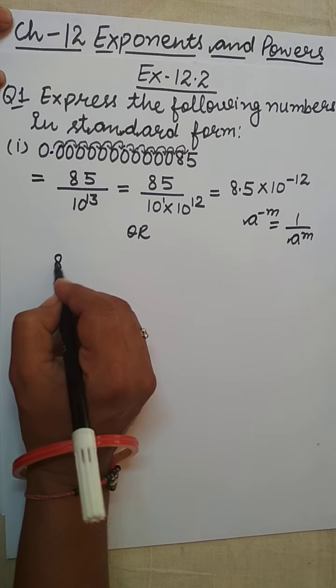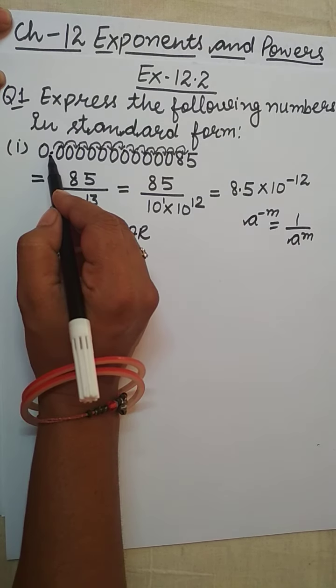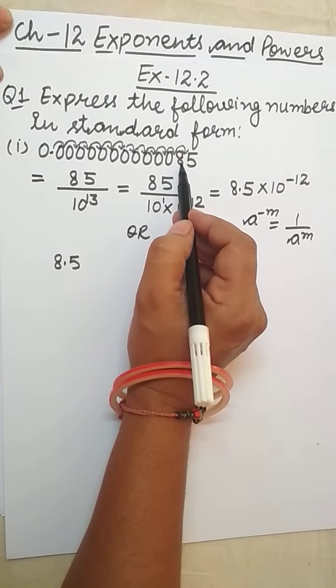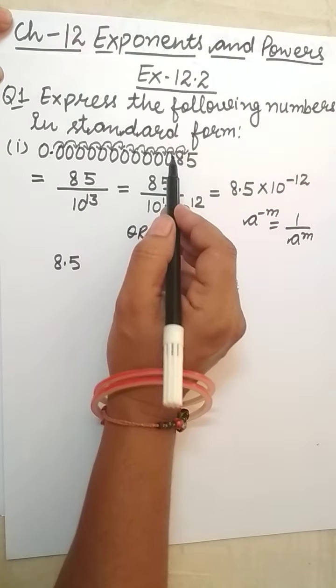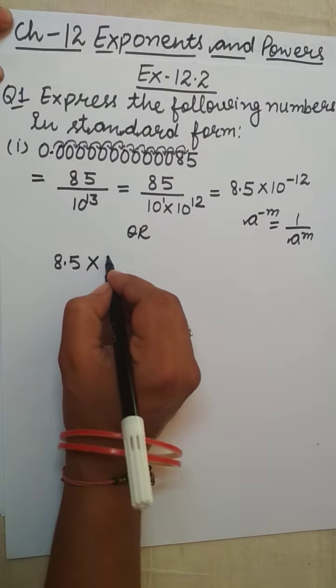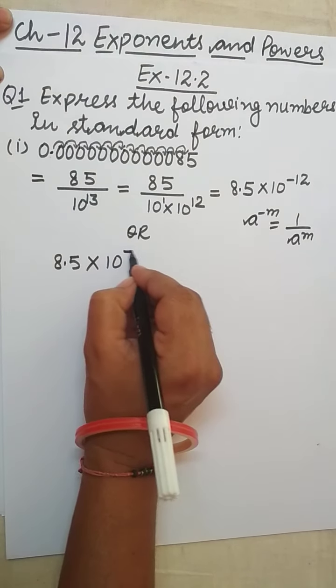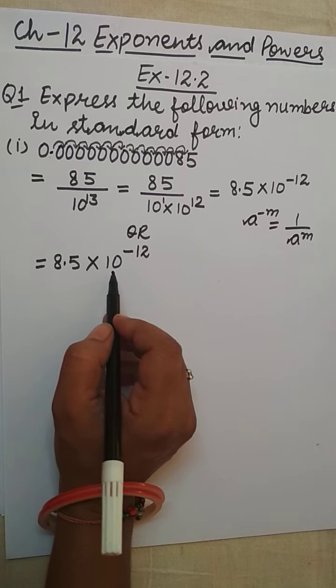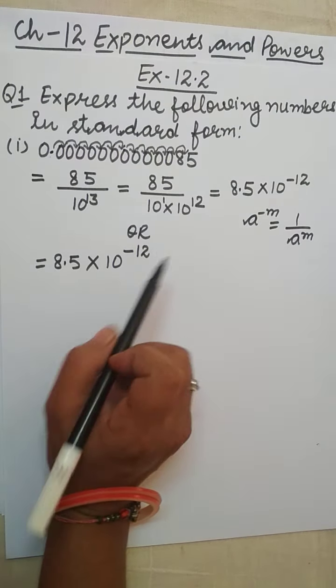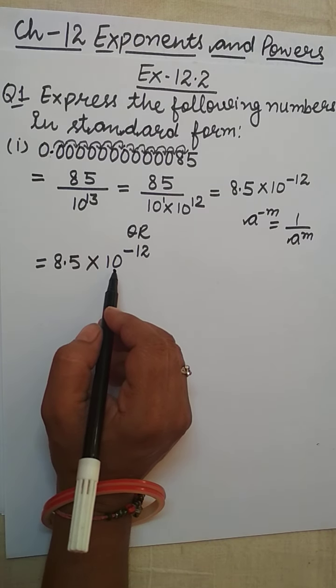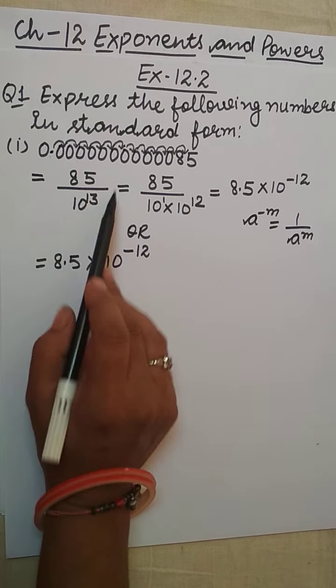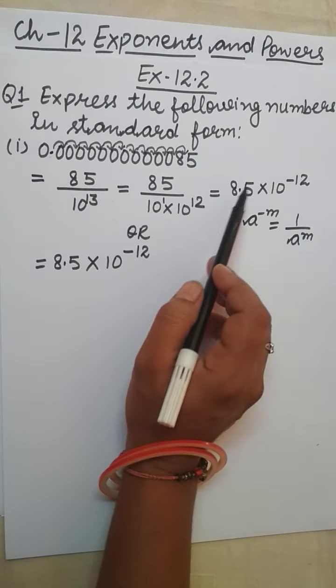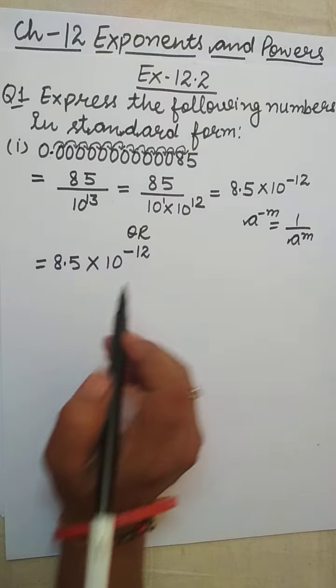We are shifting this decimal till 8, so we move 12 digits. So I will write it as 8.5 into 10 raised to power minus 12. This is the direct way of writing the given number in standard form. Or you can use the formula to calculate the standard form of the given number.